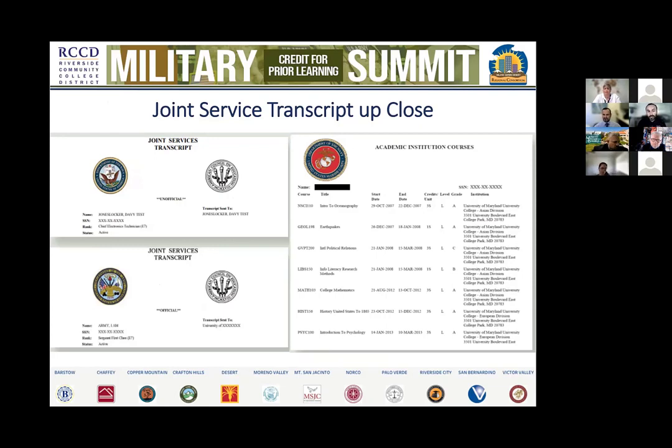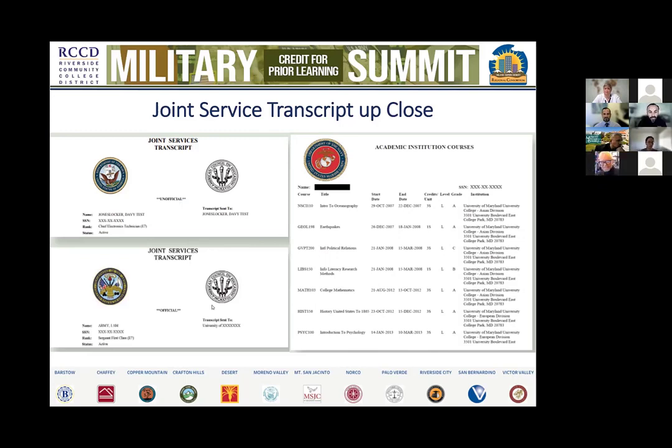It's an unofficial transcript. It has the same information, but if you notice on the image on the top left, it'll say that it was assigned to that particular student. And the bottom left image is what it would look like as official when it got sent to the actual college or university.